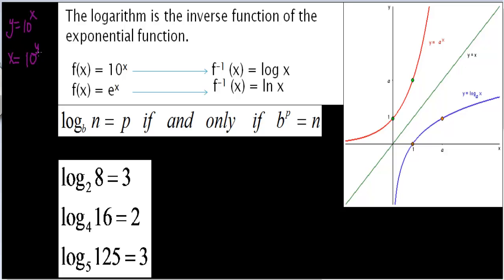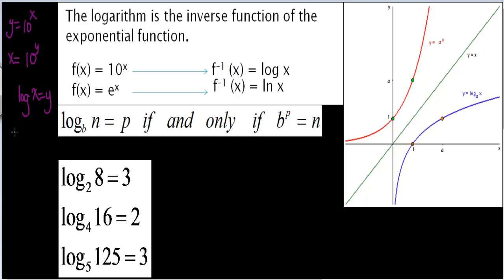Well, this is written in exponential form. I can rewrite this as a logarithm, which you're going to learn how to do in this video, but just bear with me. This is what you do. This would be log base 10 of x equals y.